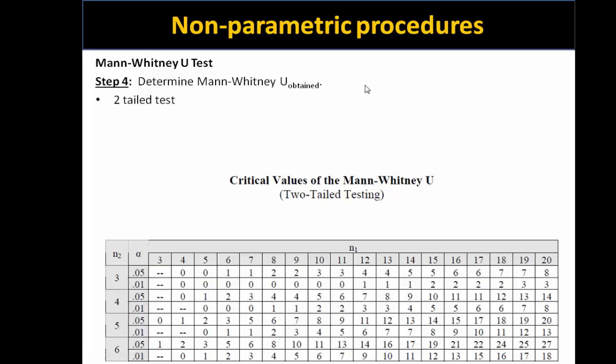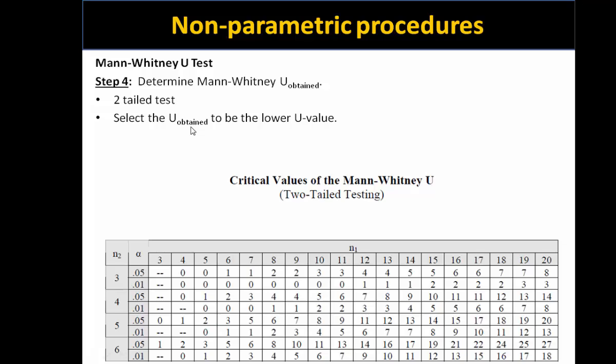This is a two-tailed test, meaning that it is not directional in nature with respect to the mathematical computations, but we'll eventually be able to arrive at a conclusion with respect to which of the two groups reacted faster to different colored computer symbols. The lower U value of U1 and U2 is selected as the U obtained in this situation.